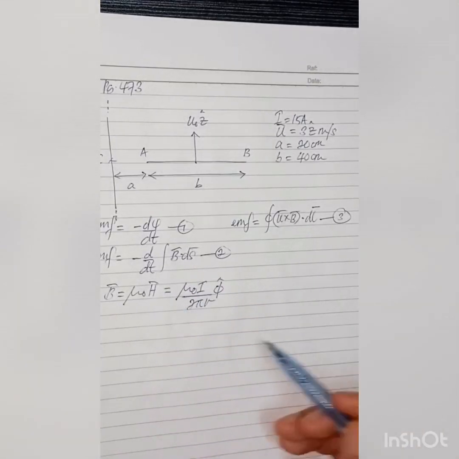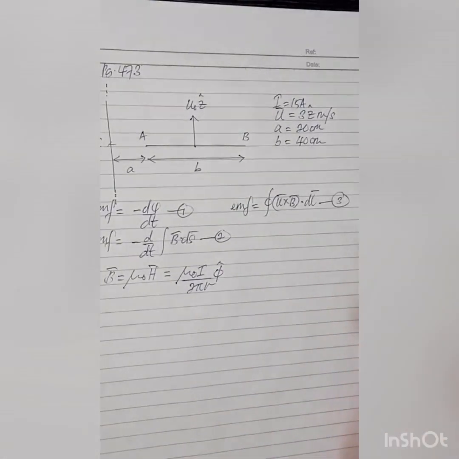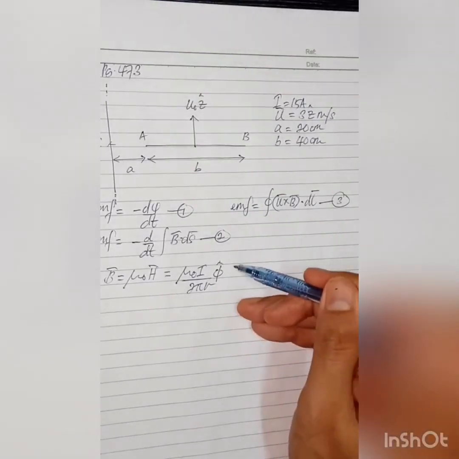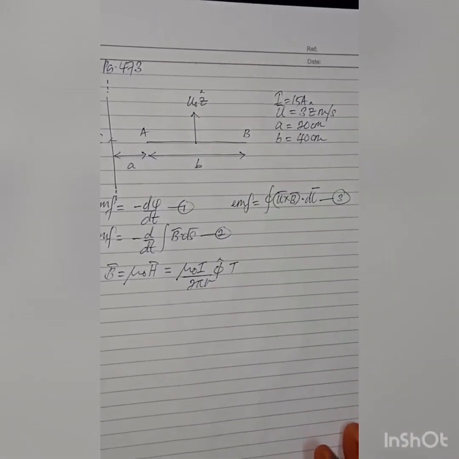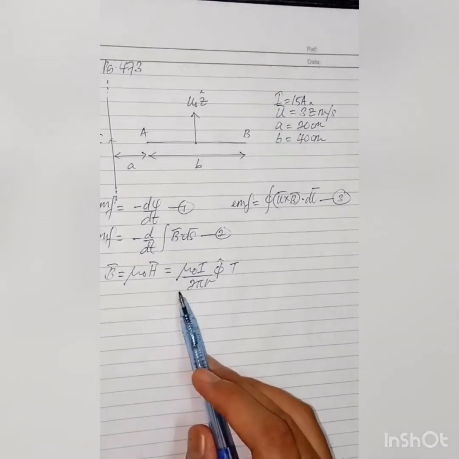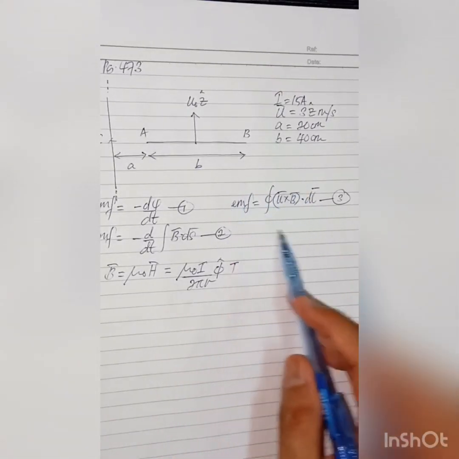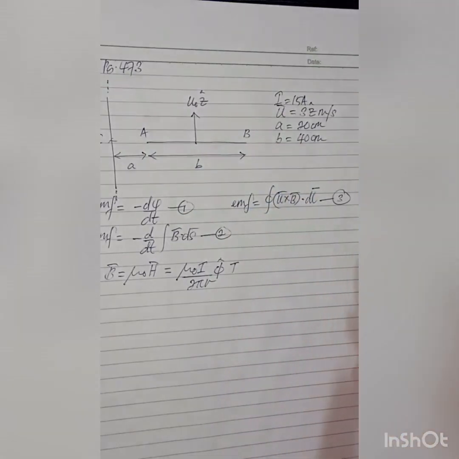That's our general expression for the B field, with unit of Tesla. Now let's substitute this B into the standard EMF equation for the motional case.